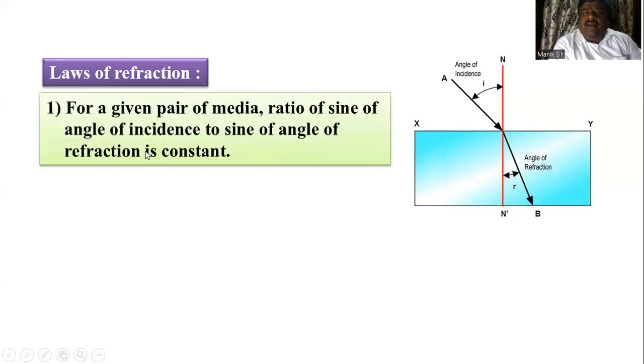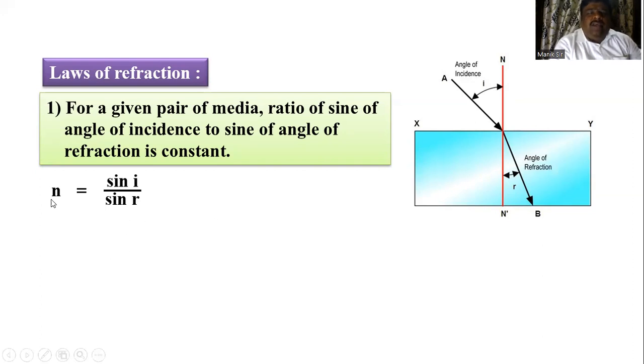So what are the laws here? For a given pair of media, the ratio of sine of angle of incidence to sine of angle of refraction is constant. It means for this angle i you find sin i, then for this angle r you find sin r, and sin i upon sin r is a ratio and it is a constant, and that is called refractive index of medium 2 with respect to medium 1.